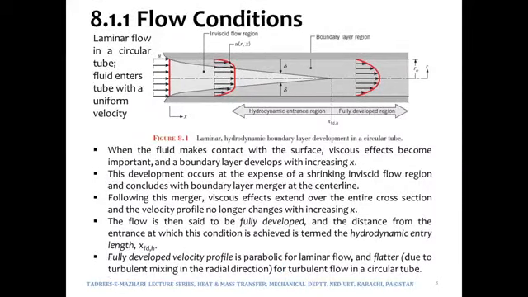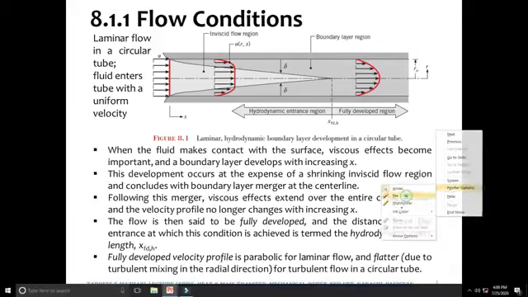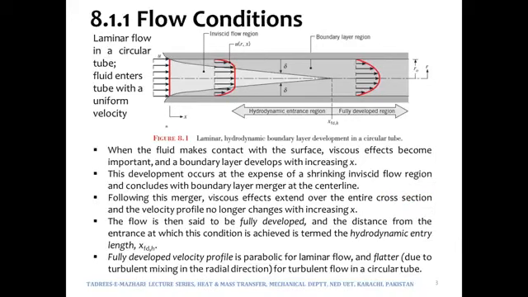Now section 8.1.1 of our book is regarding flow conditions. What we are looking at over here is a sectional view of a pipe. So this is the length of the pipe. This is the x direction, the direction of the length of the pipe or tube, and this would be the diameter, and therefore this is the radial direction, in which this is the radius.